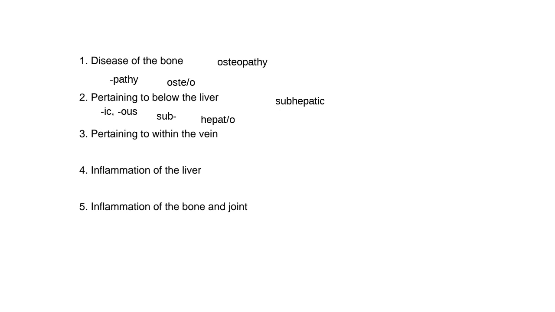Within is intra. That was the one that I had given you before. And vein is ven, is the word root, or combining form, because I'm adding the combining vowel to it.